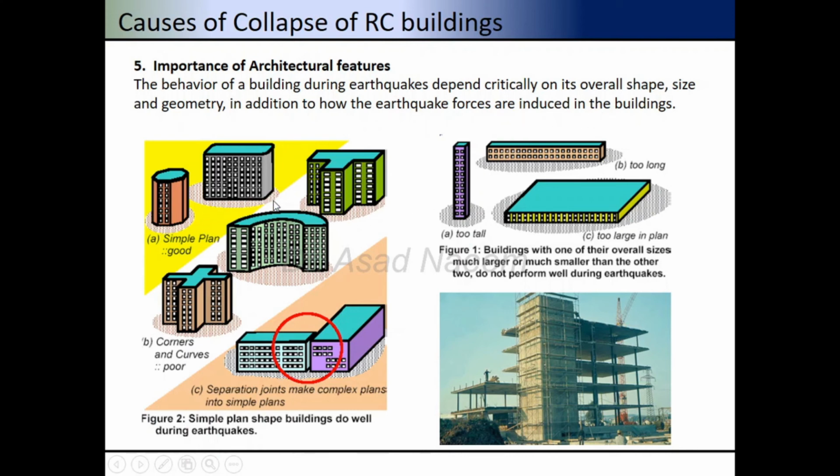Simple plan buildings are much more appropriate as compared to irregular buildings because if there are some irregularities in a building structure, it can cause the stiffness of the overall building structure to move away from its center of mass, and hence it can cause huge torsion and eccentricities, which can cause huge displacement in the structures.